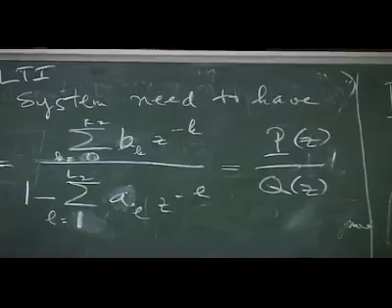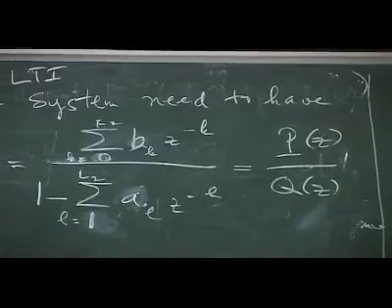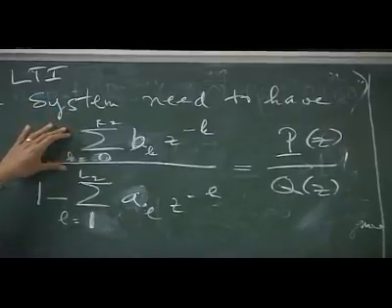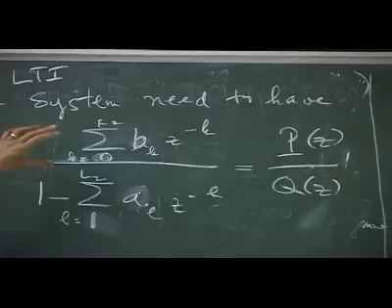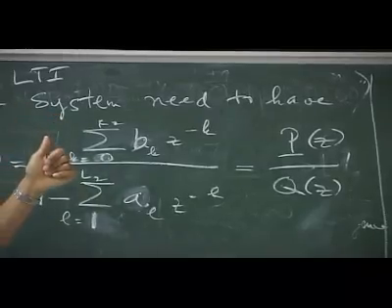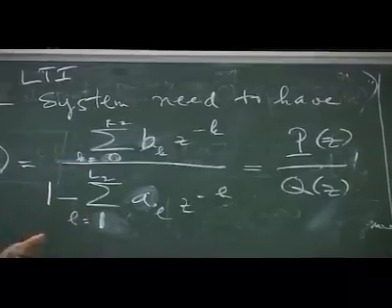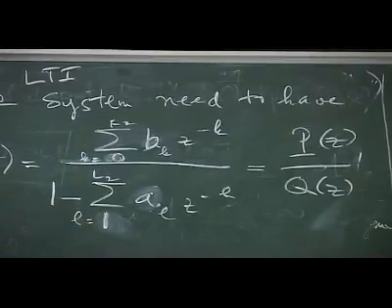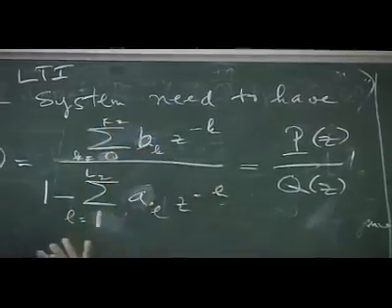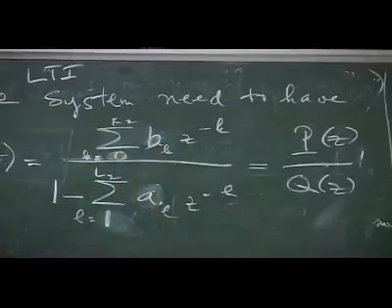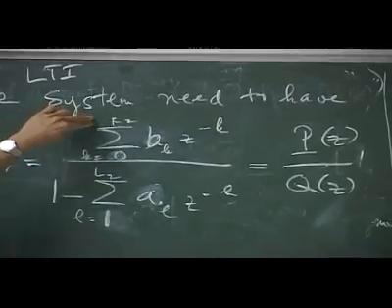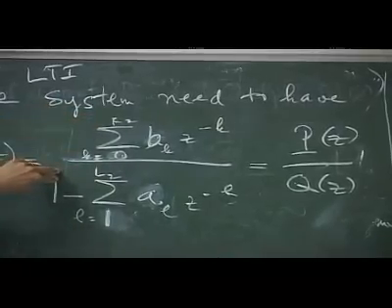And we have the fundamental theorem of algebra, which tells us that a polynomial of degree n has n roots in the complex domain. It's guaranteed to have n roots. So with a polynomial in Z to the minus 1, you are guaranteed to have K2 roots here and L2 roots here.